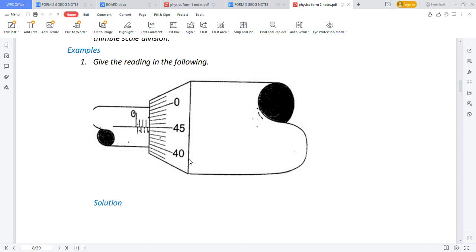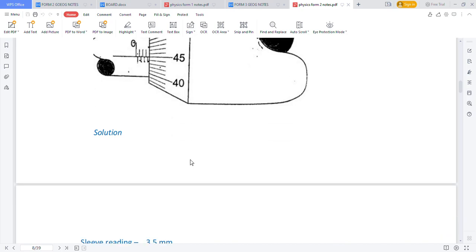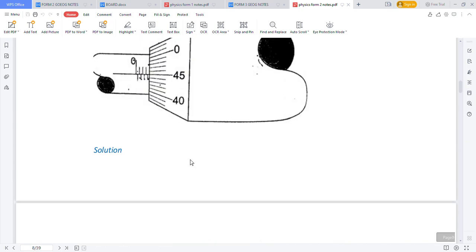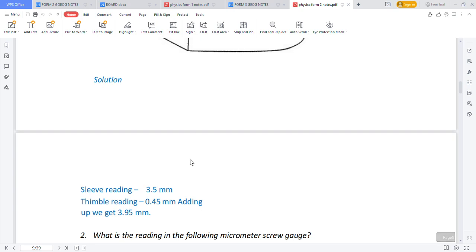Give the reading of this. So what is the solution? Take a look at the diagram. You have a coincidence at 45. The sleeve scale reading is 3.5 millimeters.